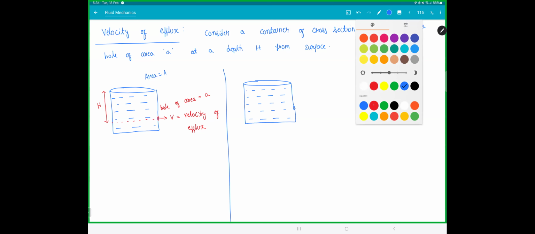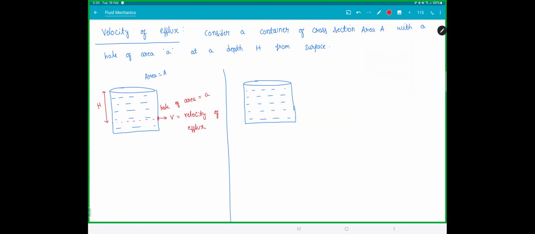So we have a liquid here. Now you need to understand how this liquid will actually flow. So this is how the streamlines will be converging. Think of it like this.